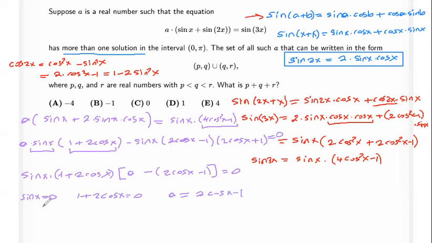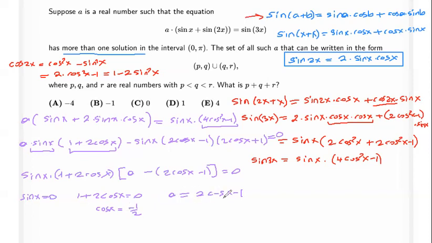Sine x cannot be 0, because we already know x is in between 0 and pi, so sine x is larger than 0 all the way to 1. For 1 plus 2 cosine x to be 0, if I find the cosine alone, you will get negative 1 over 2. So there is one value that could be the case, the negative 1 over 2 for the cosine, so we can have something in that range.